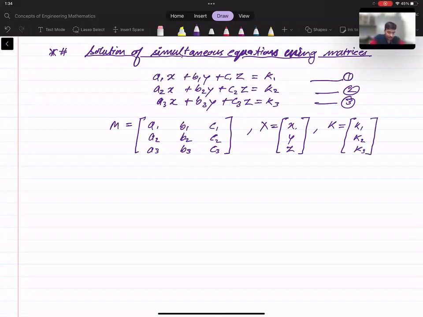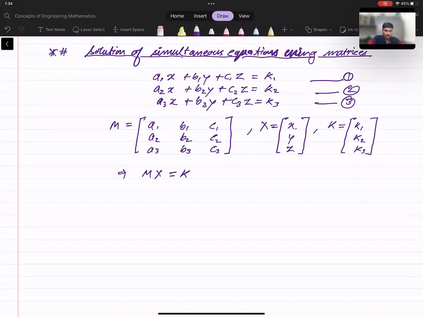If you observe, these equations can be simply written using the matrix method in a single line. These equations are nothing but the product of m with x, which will be equal to k. So the entire system of equations 1, 2, and 3 is now written as mx equal to k.